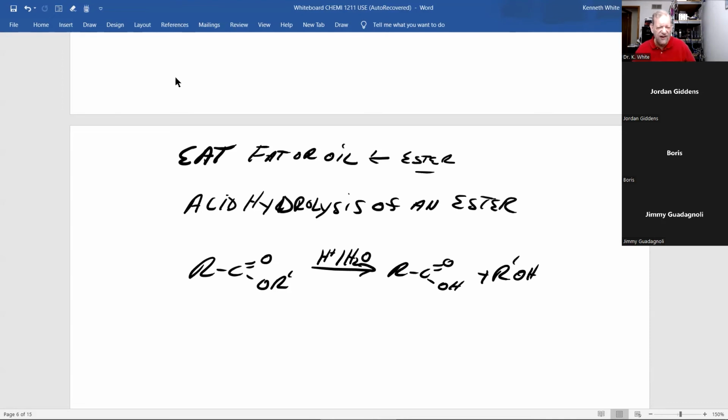So when you eat a fat or oil, the functional group is an ester, and in your stomach, acid and water, so it's acid hydrolysis of an ester. And the general reaction, which you learned for test 3: ester, acid, water gives you a carboxylic acid and an alcohol.